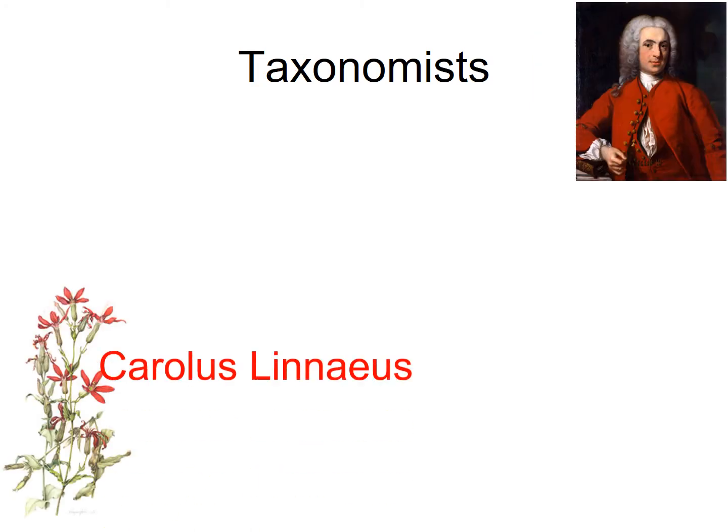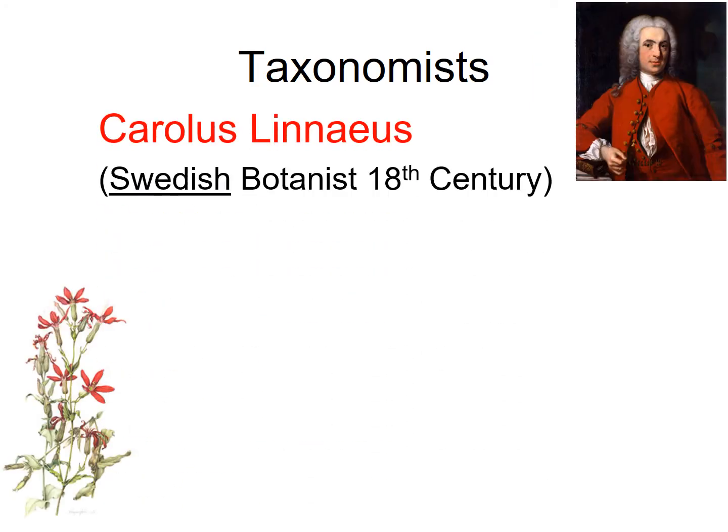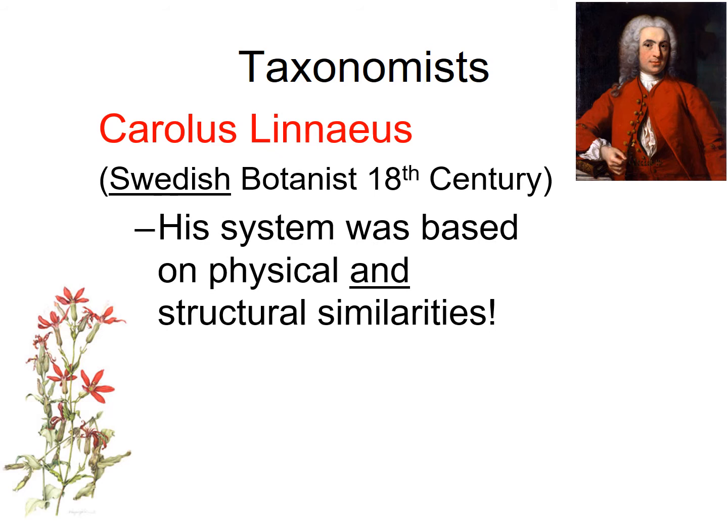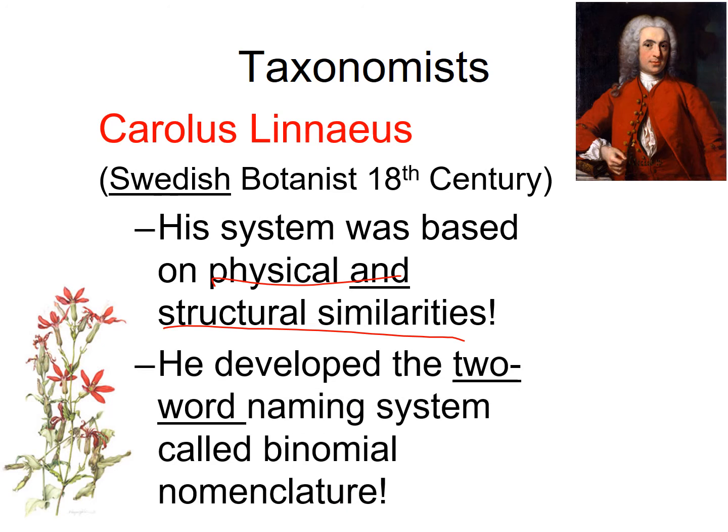So this is where Linnaeus comes in. Carolus Linnaeus, he basically did it off of physical and structural similarities. He developed the two-word naming system called binomial nomenclature. Binomial, so bi means two, and then name, and then nomenclature, and that's what he named by.